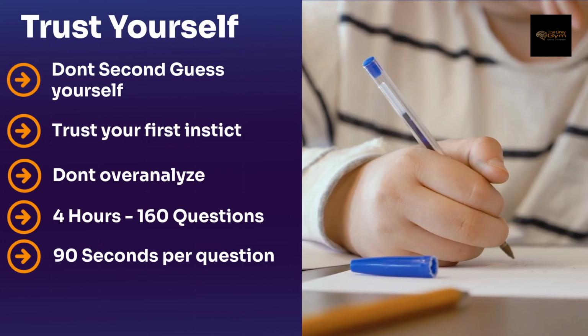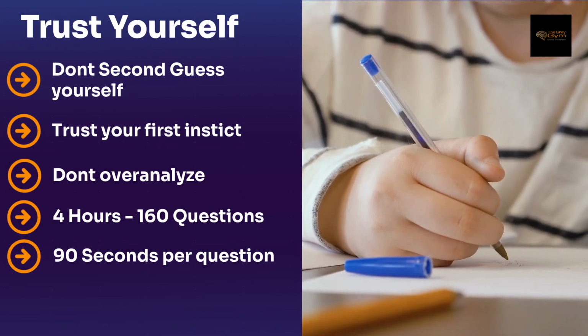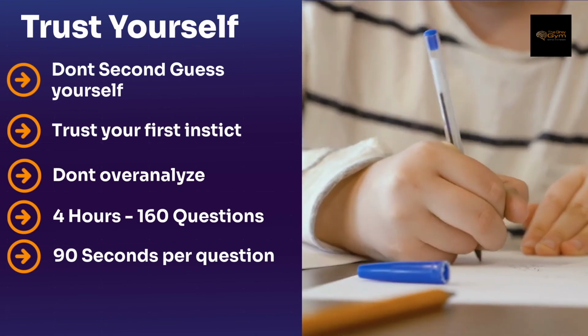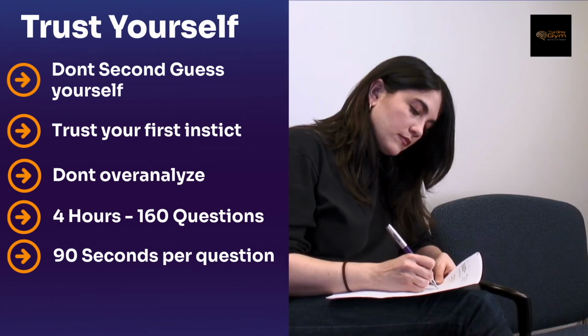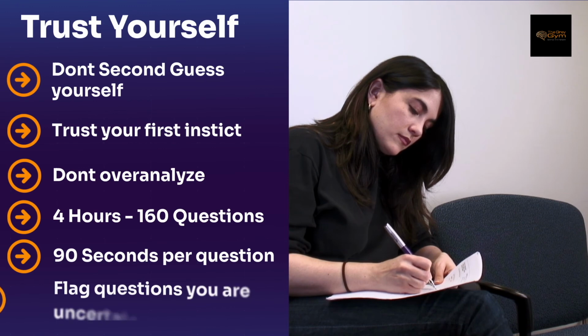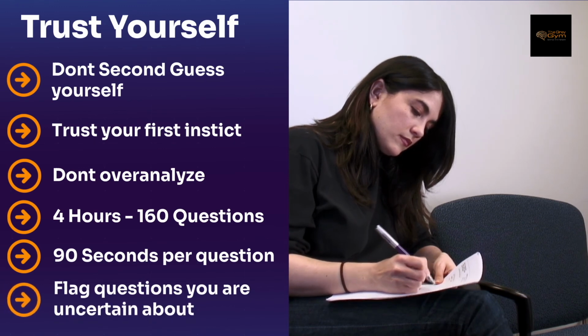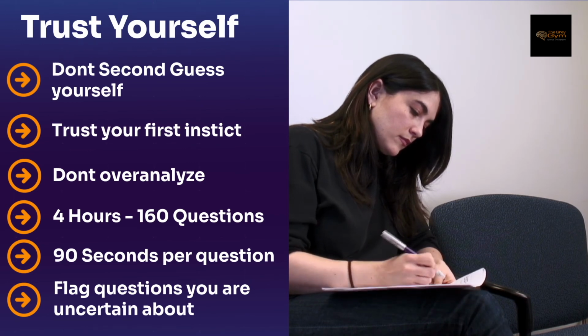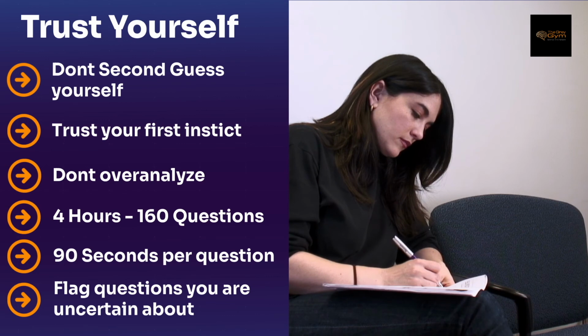Now this means that you will have additional time for 30 remaining questions which you are uncertain about. Also remember, don't spend too much time on a question you are uncertain about, just flag it and come back to it later. This way, you will have more time at the end of the exam to break down those 30 questions with the techniques we spoke about earlier, like differentiating factors, absolute terms, and basically trusting yourself.